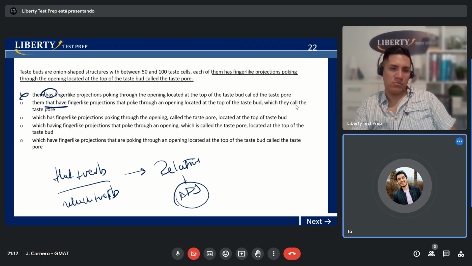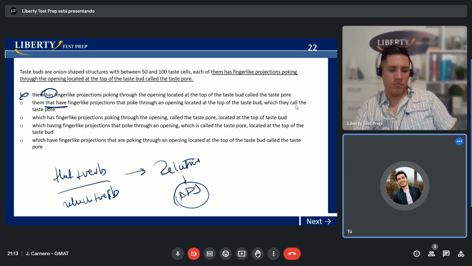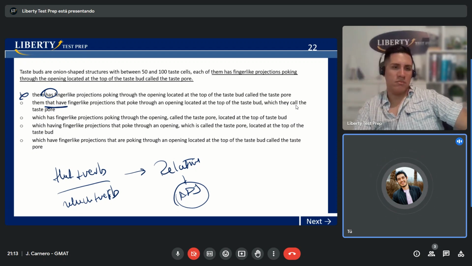Then they have "which they call the taste bud." I don't know if it's logical here, but who is "they"?